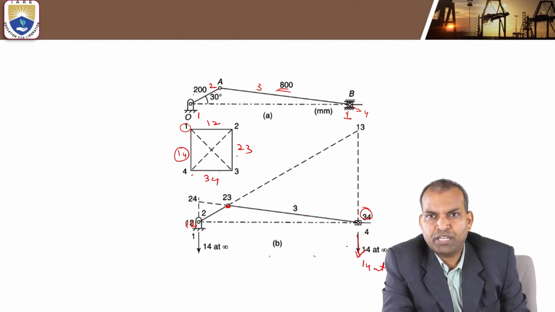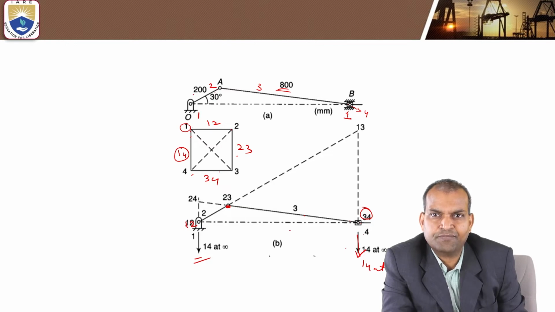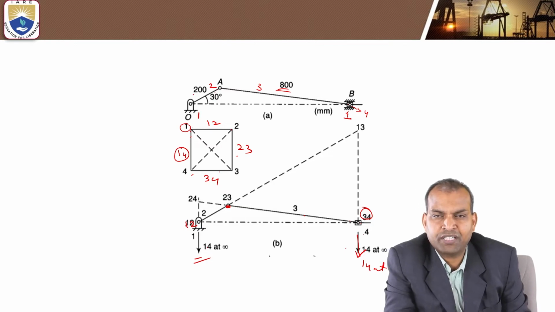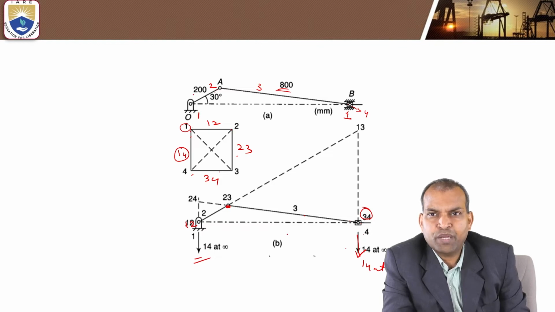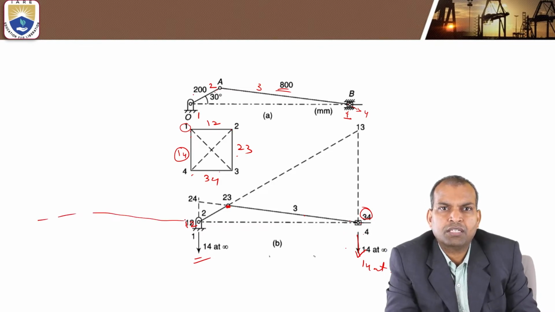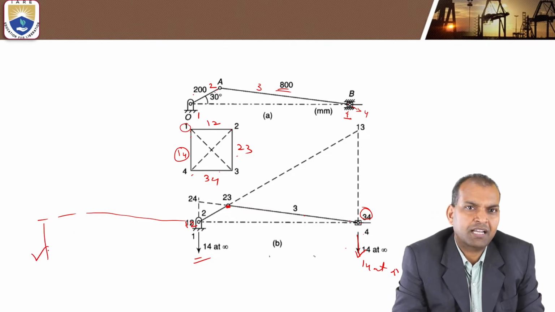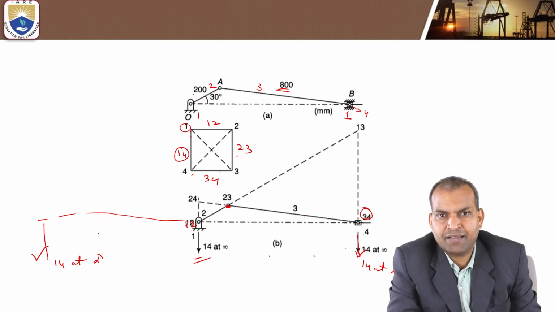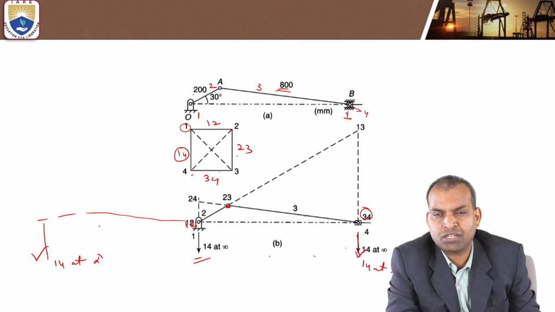This 1, 4 is transferred here because it is on the same straight line. The radius remains the same, that is, at infinity. Wherever it may be, it remains at infinity. There is no change of the instantaneous center. It is translatory motion or linear motion.